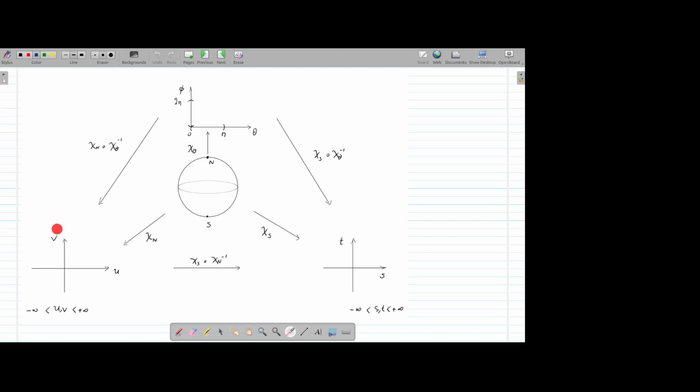Then we have the UV coordinate system by projecting using the north pole, and the ST coordinate system by projecting using the southern pole. And all those maps here are differentiable, and the coordinate transformations between any pair of those charts is smooth.